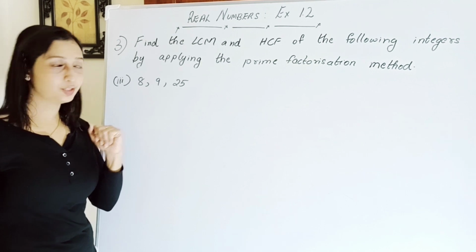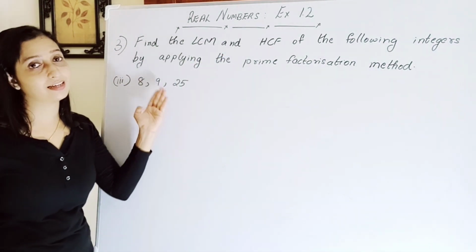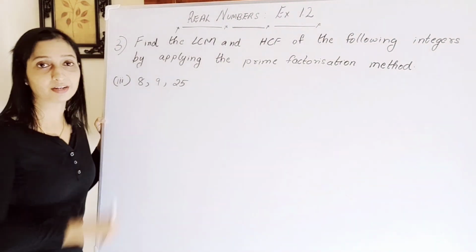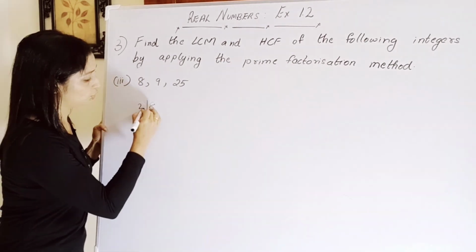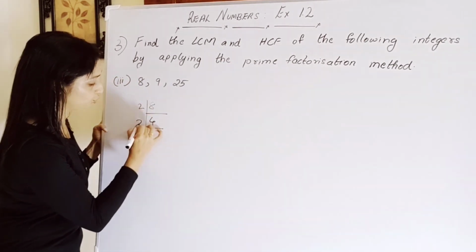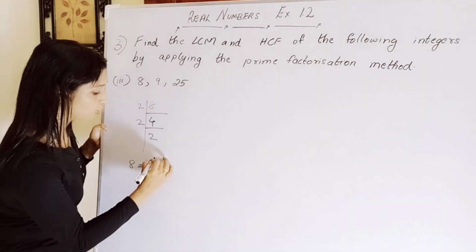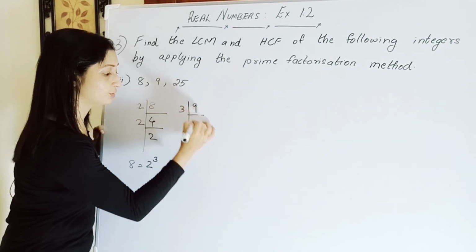So, this is our third question, which is to find the LCM and HCF of 8, 9 and 25 by prime factorization. So, first let us do the prime factorization of 8, 9 and 25. 8, 2 fours are 8, 2 twos are 4. So 8 can be written as 2 cube. Now next is 9, 3 threes are 9.